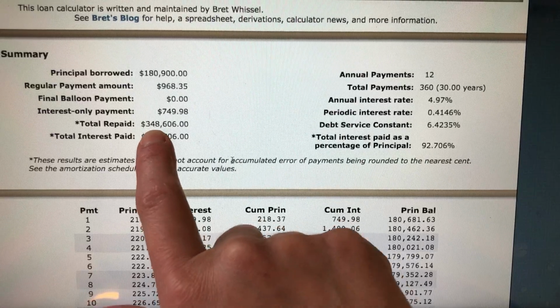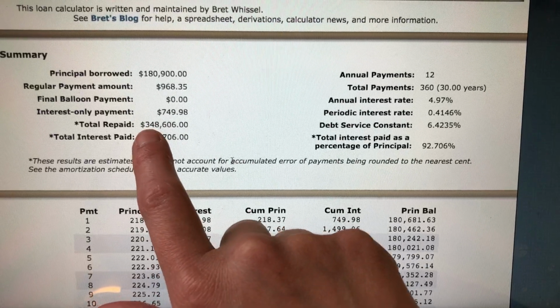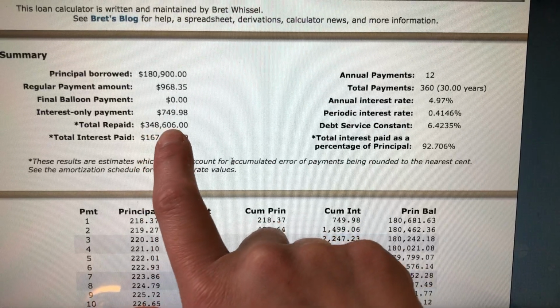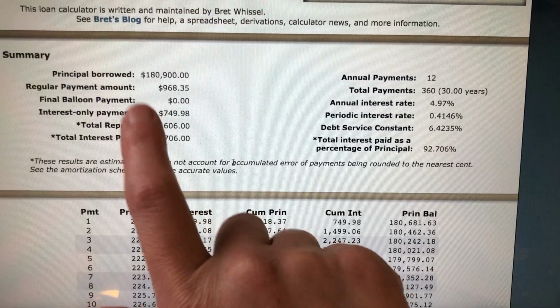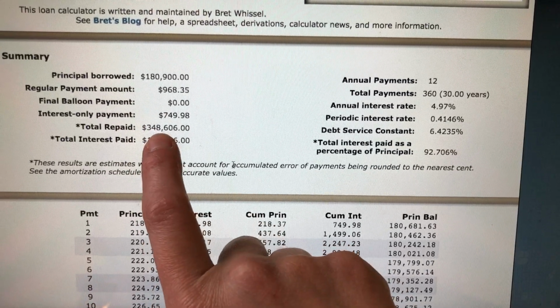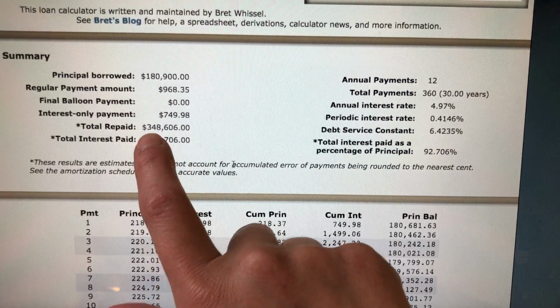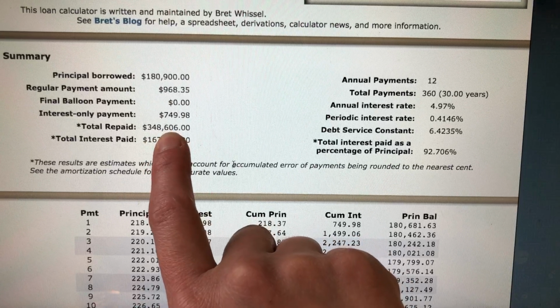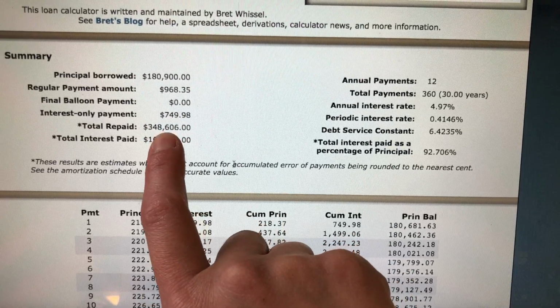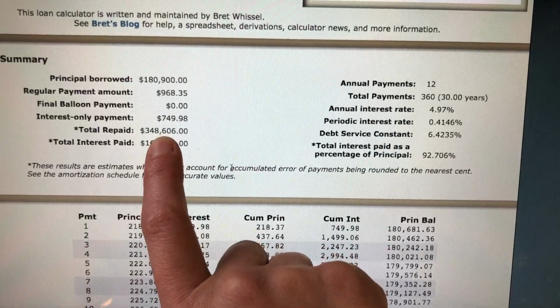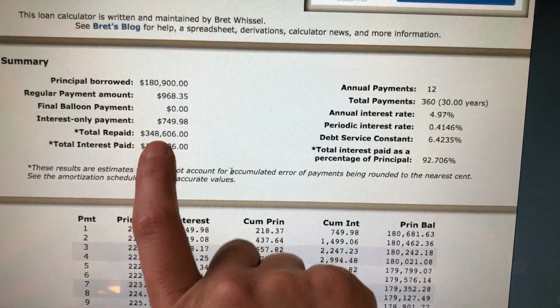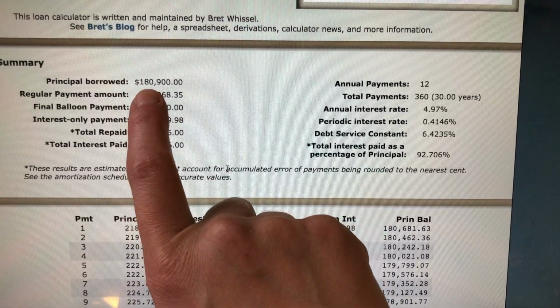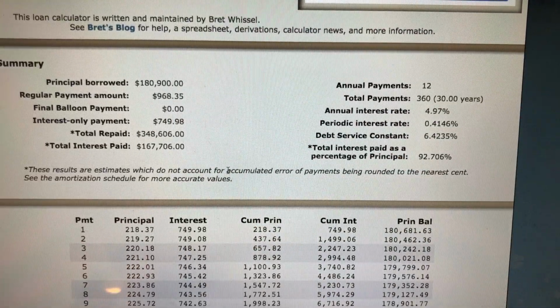The total repaid is going to be $348,606. What that means is by the time you pay off the house, you will have paid a total of $348,606. Yes, you heard that right. It seems crazy, but that is almost double the amount of the loan, and that's normal for houses.